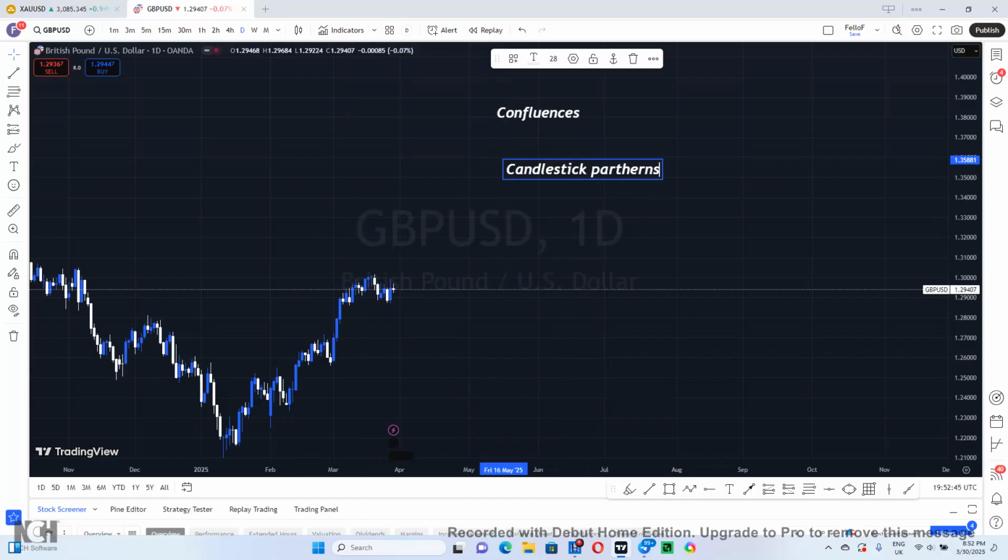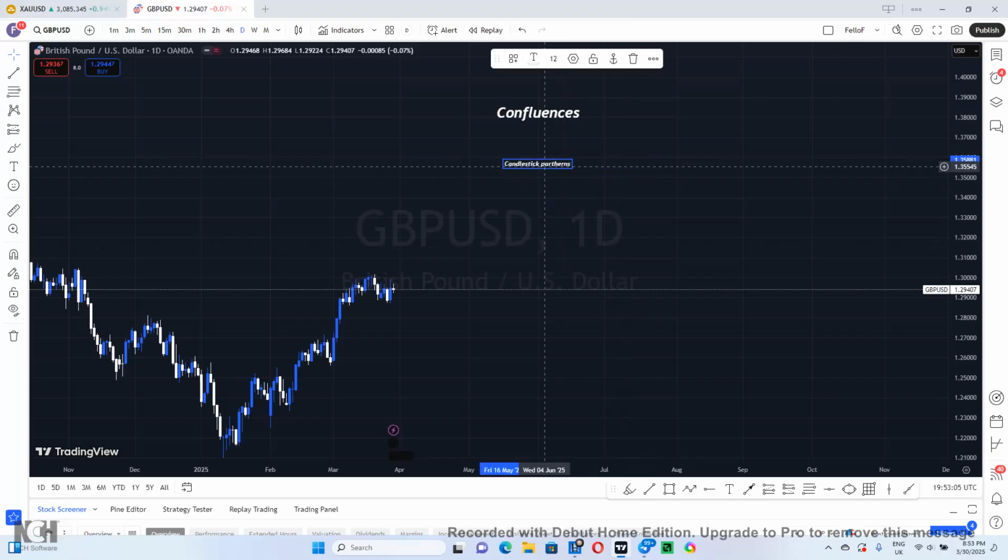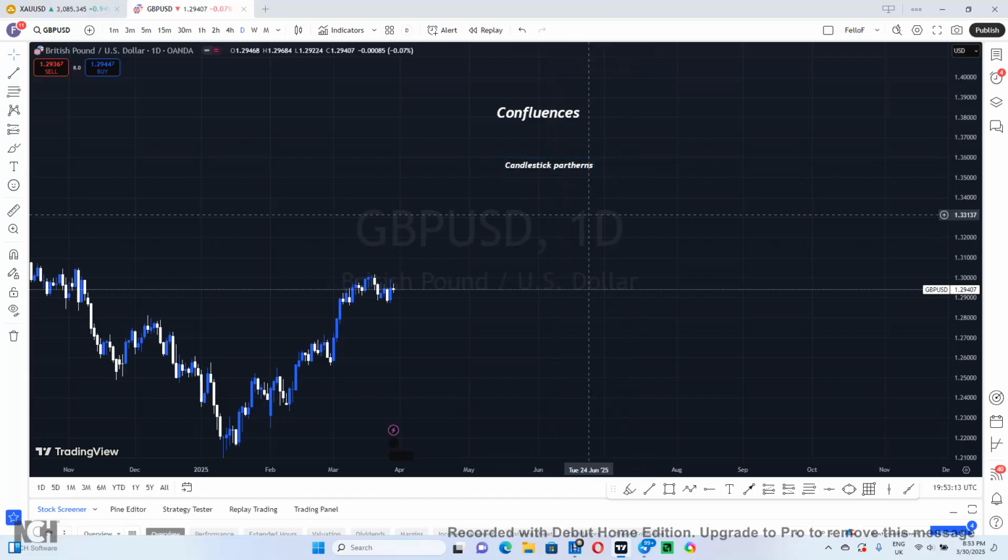Now that we know this, the question is, what are candlestick patterns? It's simple. It's a combination of candlesticks that give a clue of the next action that is going to happen in the market.